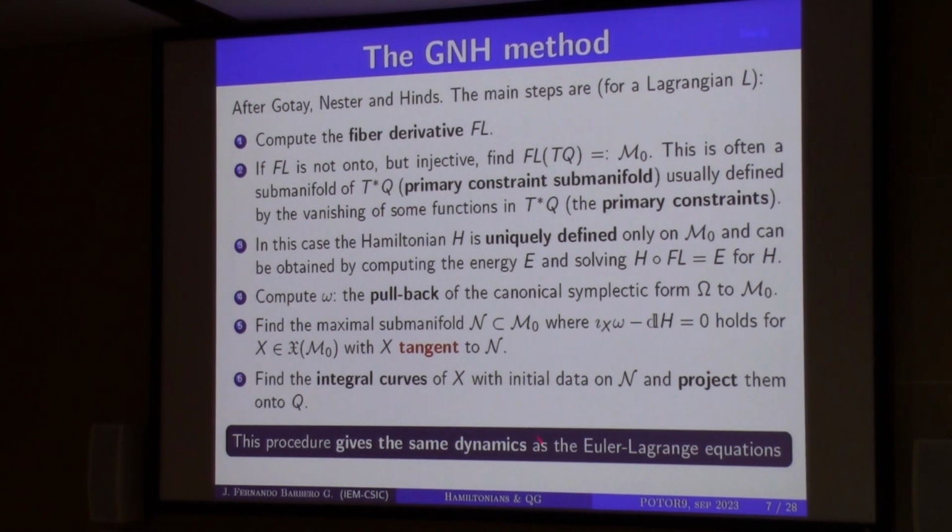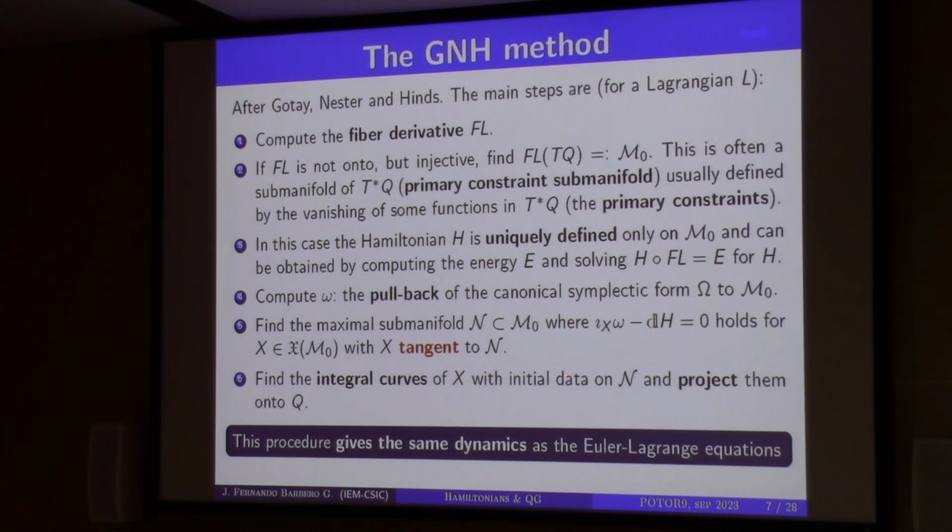Now, another thing that you need is to take the canonical 2-form that you have in the phase space and pull it back to the primary constraint submanifold. I will call that pullback small omega. And now the really key step in this method is the following.